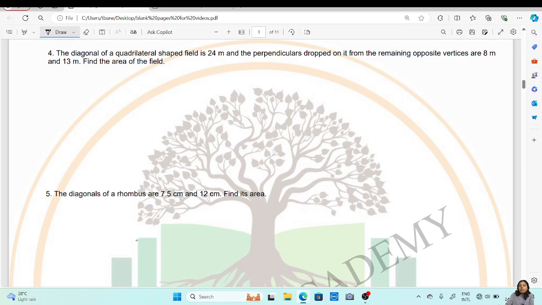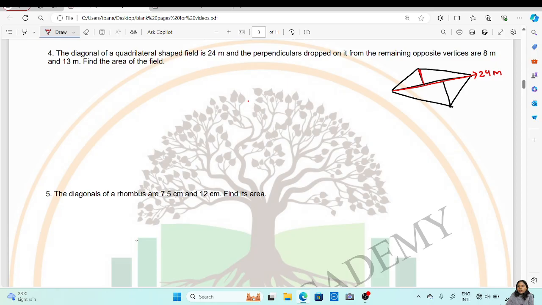Let me quickly write down: the diagonal of a quadrilateral shape is 24 meter. The perpendiculars dropped on it from the remaining opposite vertices are 8 and 13.